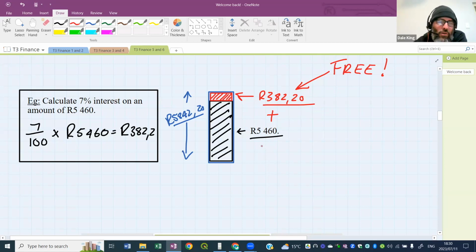Yes, I know what you're thinking. Oh, you've got to get the money first. True. You've got to get the 5,460 first, but you put it in a bank account and wait a year, which is the hardest thing. You had to wait a whole year. But after the year, the bank phones you and says, dear sir or madam, by the way, your 5,460 has now grown because of the 7% interest applied, and is now 5,842. This new bar that you have has grown by that little red portion for free.